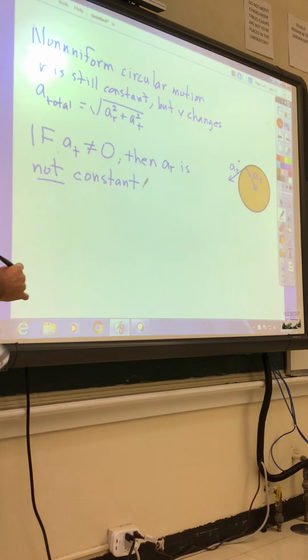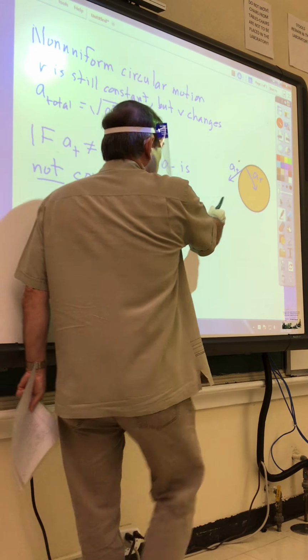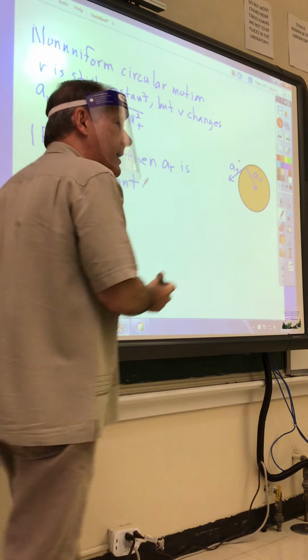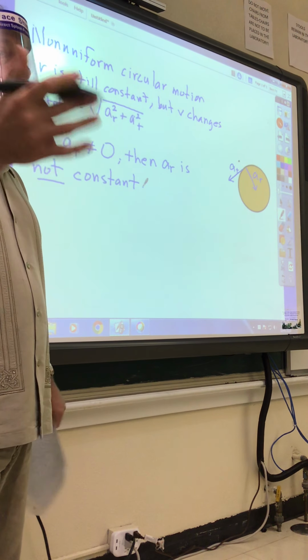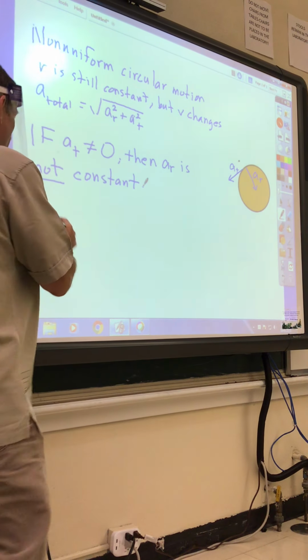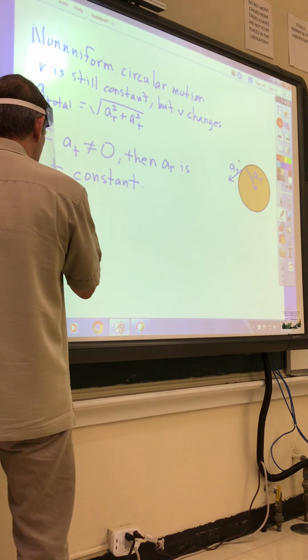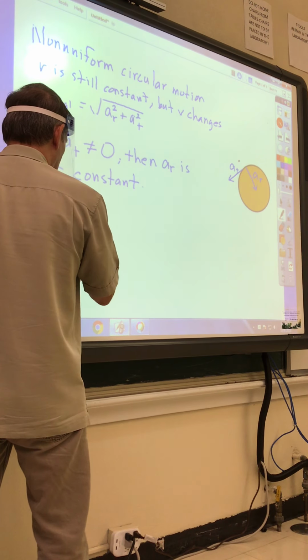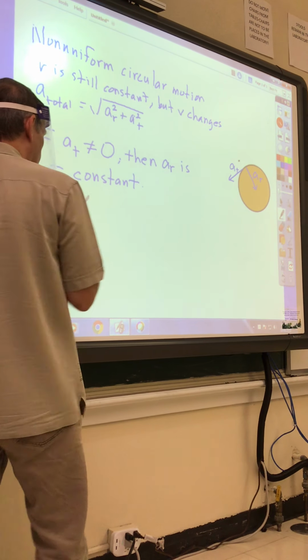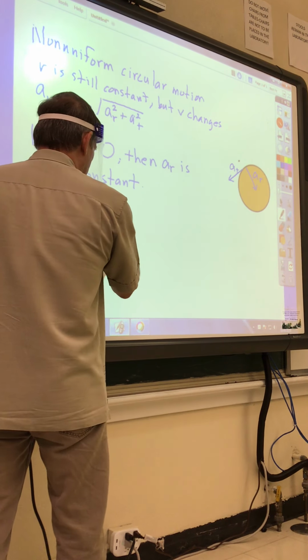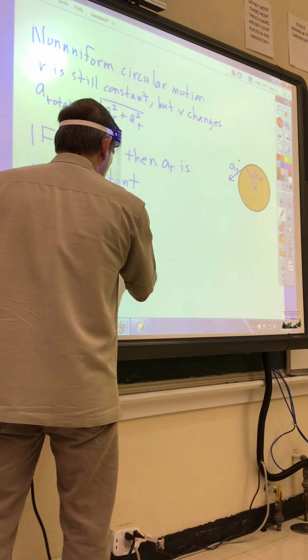All right. So because these are perpendicular, they can kind of be treated separately, and we can still write Newton's second law. Newton's second law still applies, right? So in the radial direction, okay, so that is a vector. That's going to be equal to the mass times the radial acceleration.